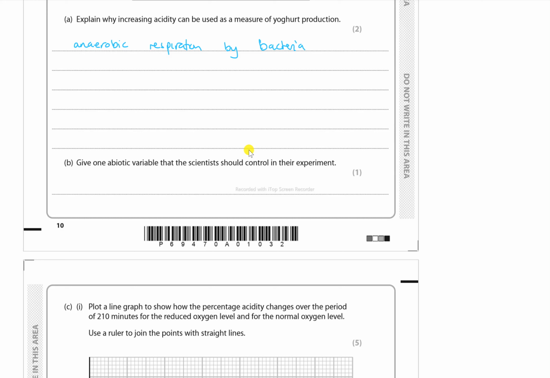Respiration by bacteria produces lactic acid.